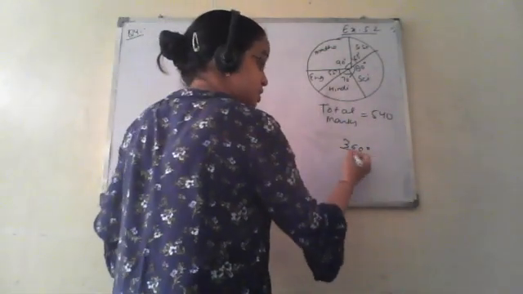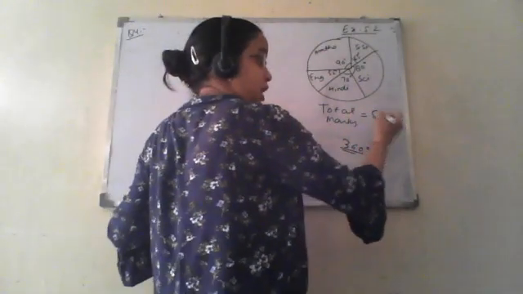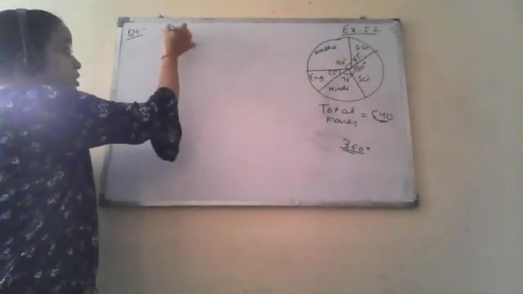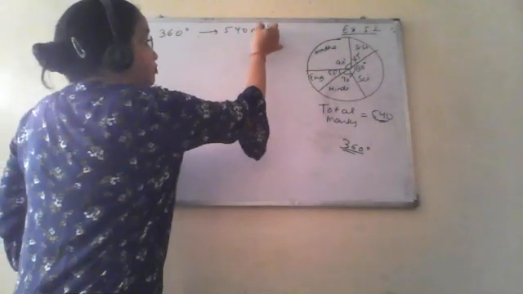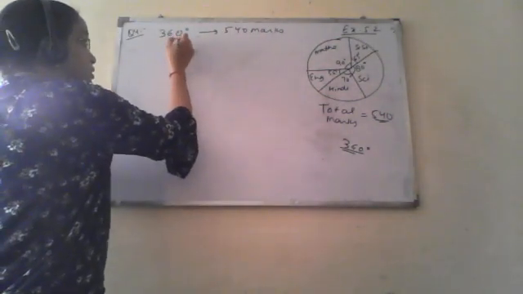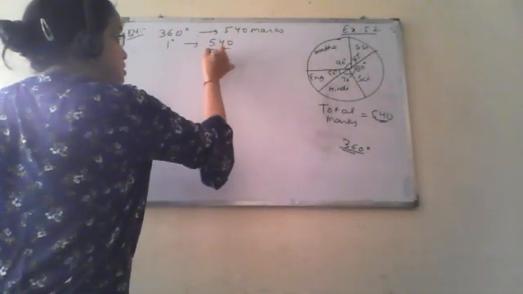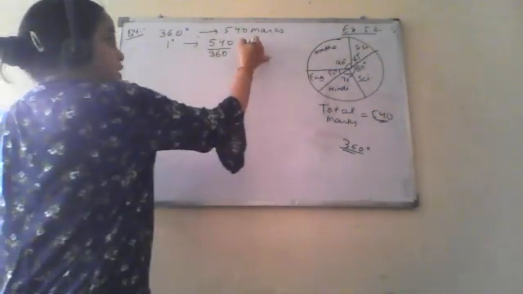Now these 360 degree is the total angle, and these 540 marks are the total marks. So what it means, these 360 degree central angle represent 540 marks, okay. So 1 degree will represent this much marks, okay.